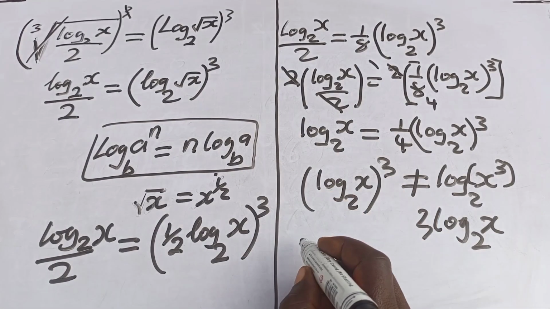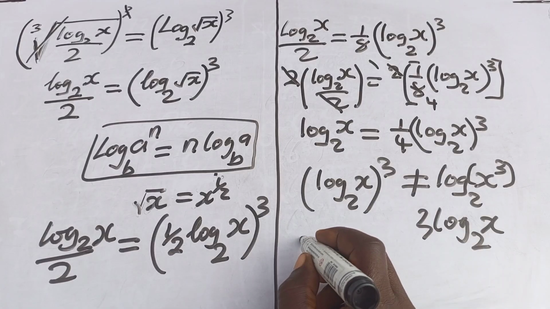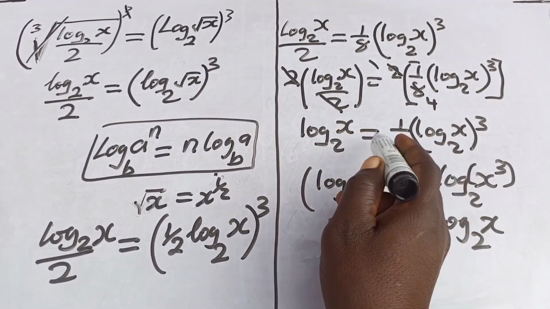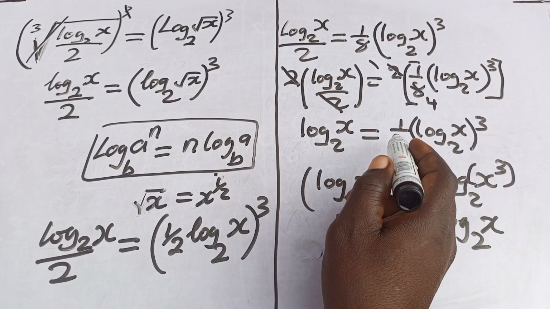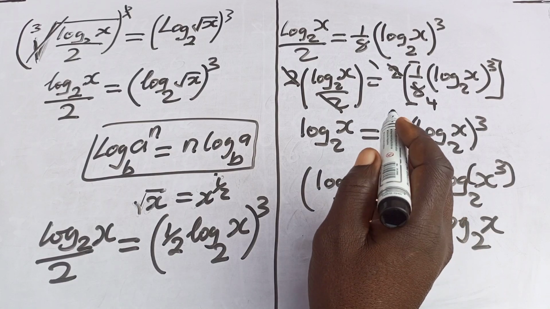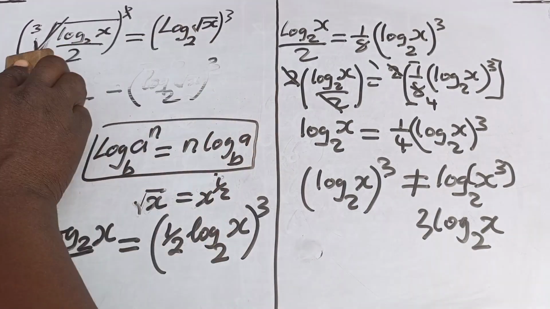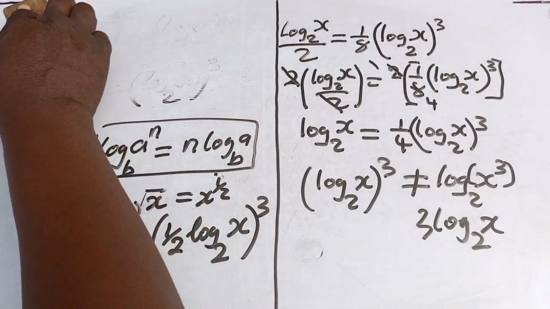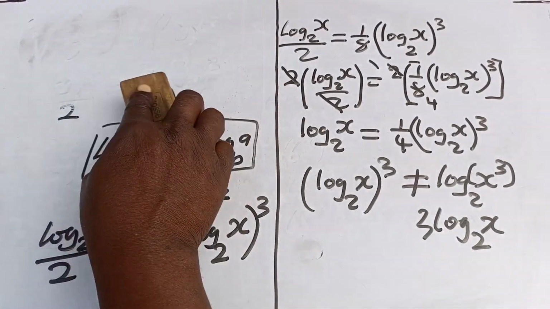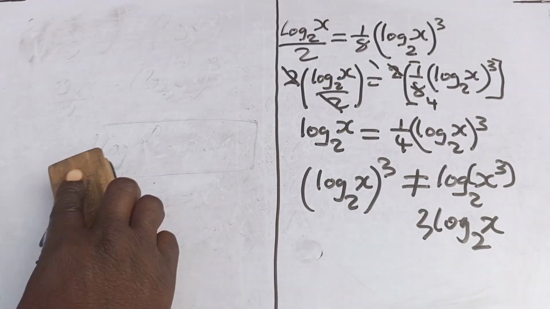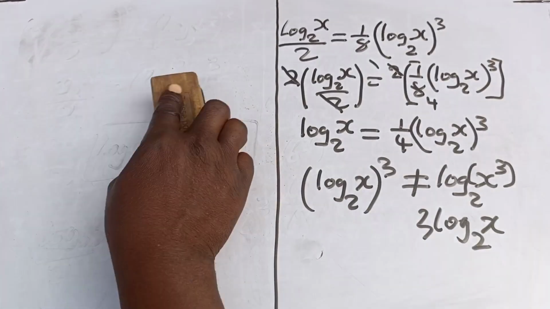Progressing, we now have log, well, so from here, how to go about to get x? To make things a lot better, we have to carry out a transformation wherein we are going to bring in a new variable to replace log to the base 2 of x.